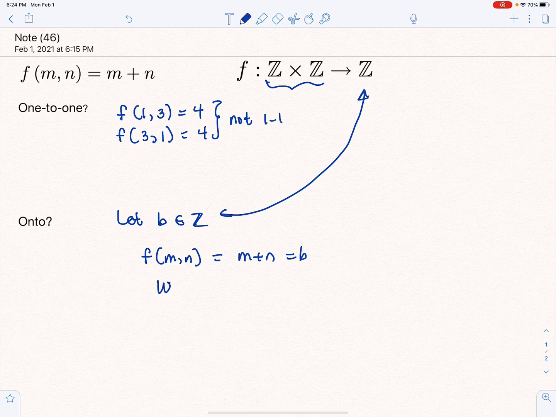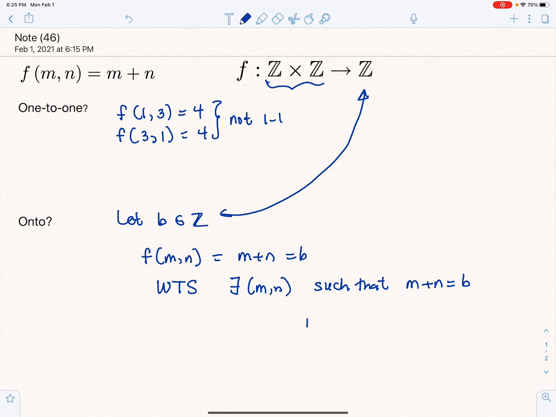And we want to show that there exists an m and n such that m plus n equals b. Well, so what we want to do is make sure that whatever we choose for inputs, that they are integers and that they add up to b. Well, there's a lot of options here.